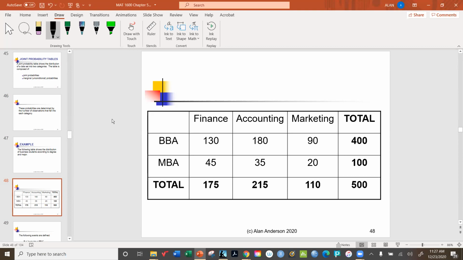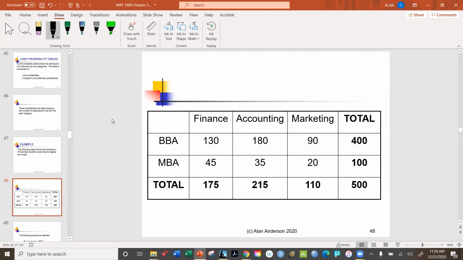Now, these numbers represent the number of students who fall into each of these categories. For example, this tells me that there's 130 students who are getting a bachelor's degree in finance. Or right here, this tells me there's 35 students getting their MBA in accounting.